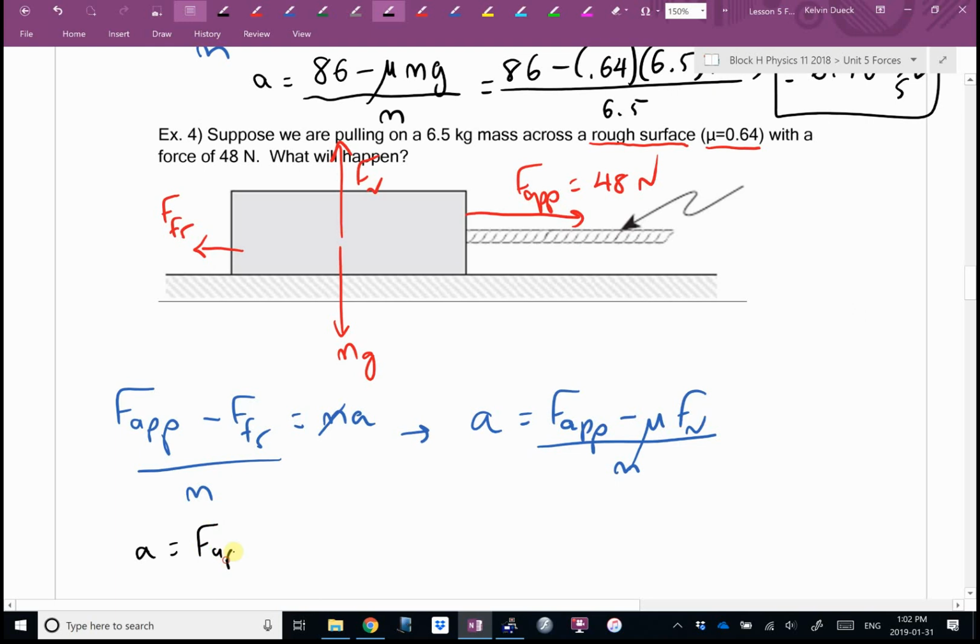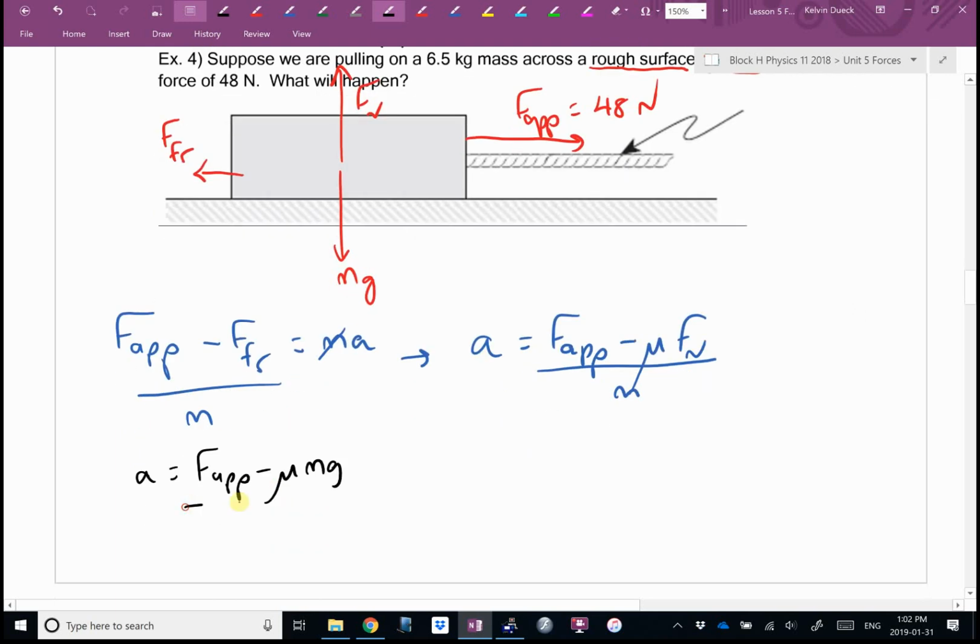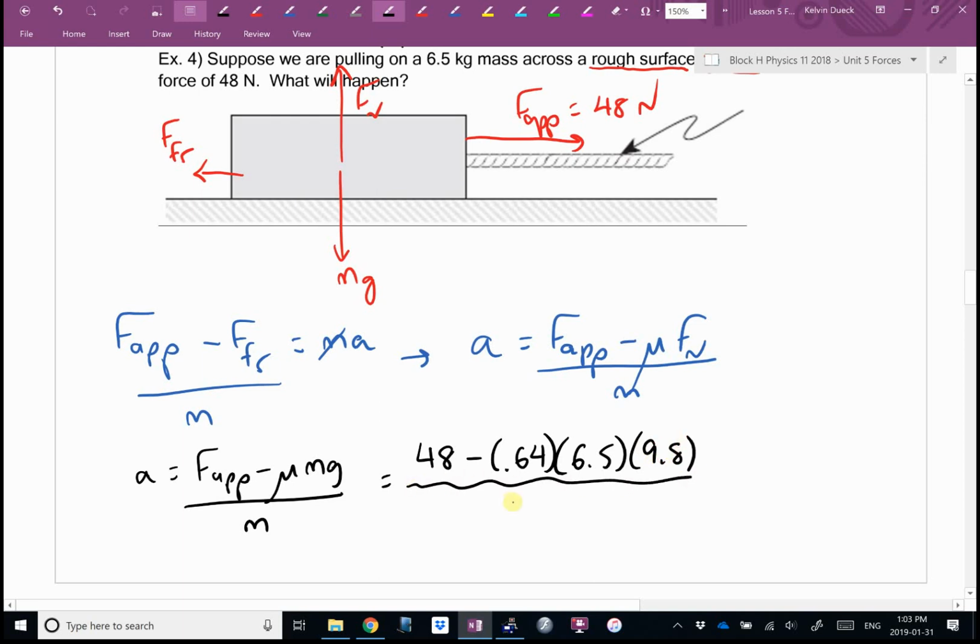I can say F applied minus mu mg all over m, where F applied was 48 minus, hey, what's mu? I don't know, what's mu with you? Is it 0.64 again? Same surface. M, 6.5, G, 9.8, all over 6.5.